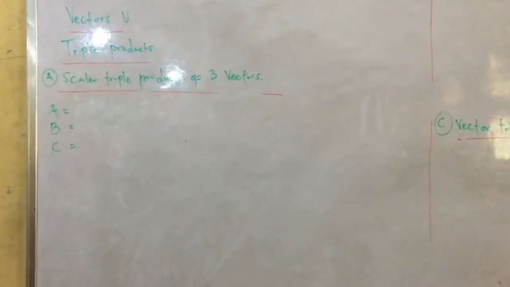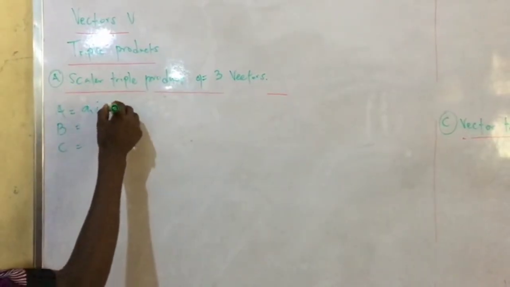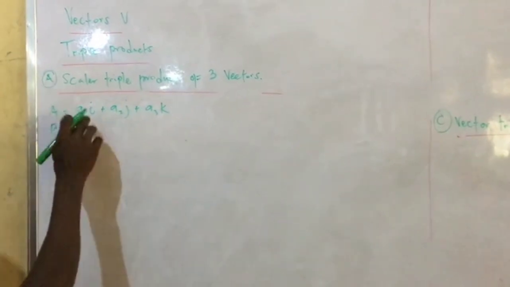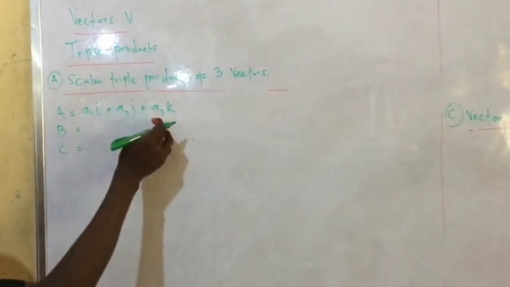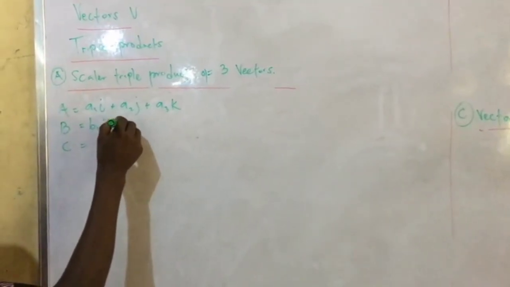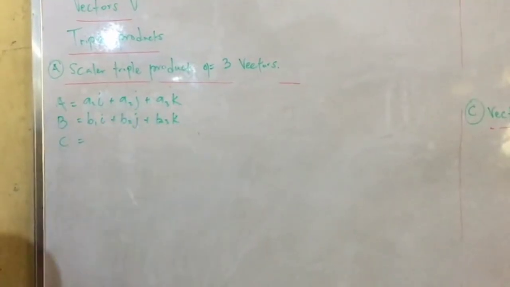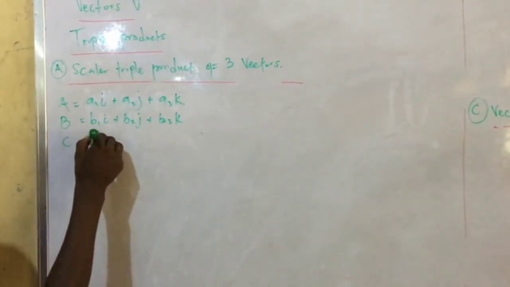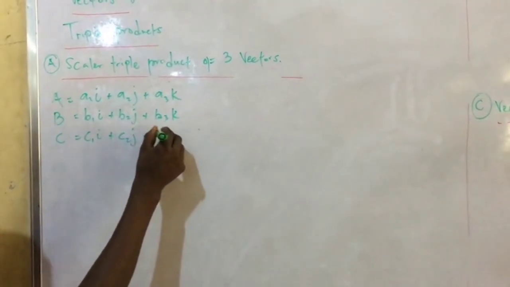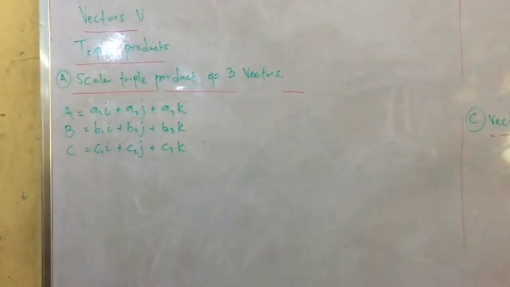So let's say we have A as A1 I plus A2 J plus A3 K. This is in the I direction, this is in the J direction, and this is in the K direction. Same thing for B: B1 I plus B2 J plus B3 K. Same thing for the vector C: C1 I plus C2 J plus C3 K.